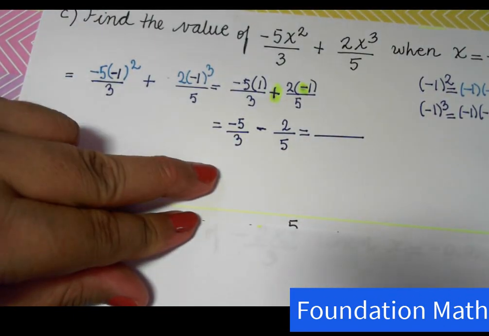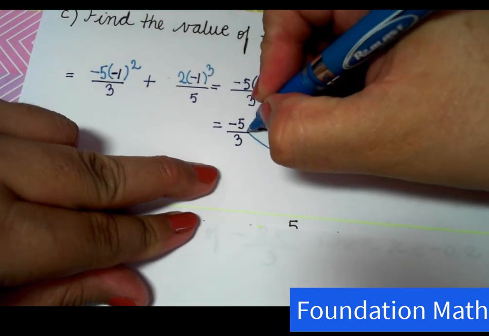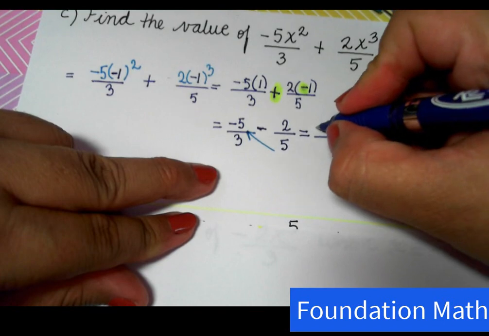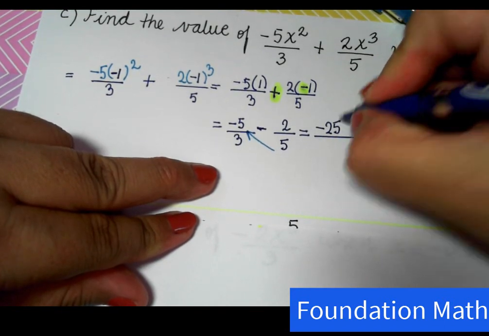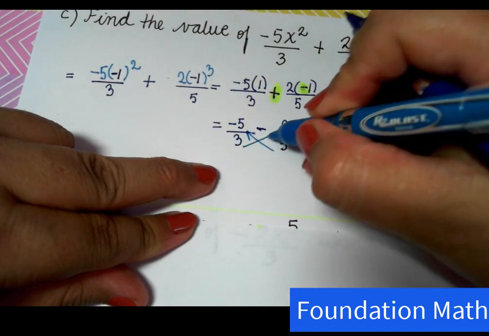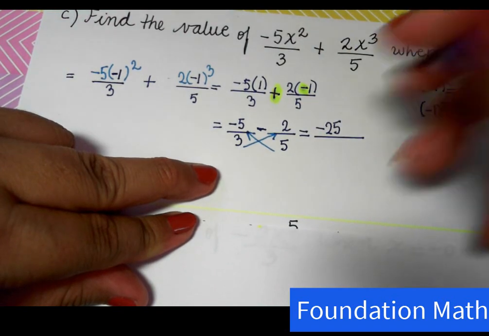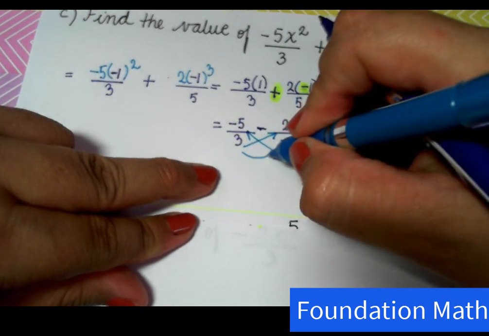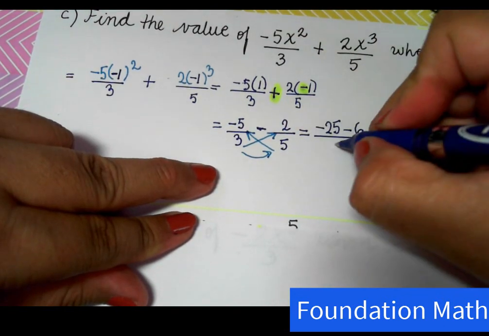So how are we going to work? We're going to multiply in this way. 5 times negative 5 is negative 25. 3 times negative 2 is negative 6. And 3 times 5 is 15.